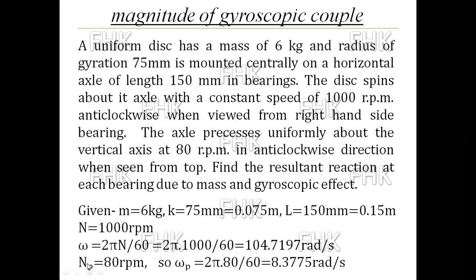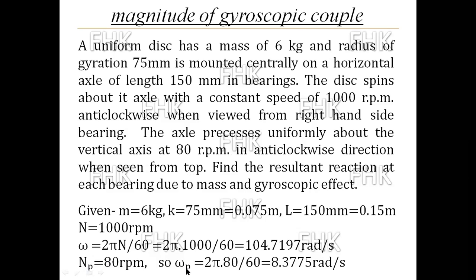And the angular velocity of precession is given. The axle precesses uniformly about the vertical axis at 80 rpm in anti-clockwise direction when seen from top. So N_P, the precession speed of the rotating disc, is 80 rpm.